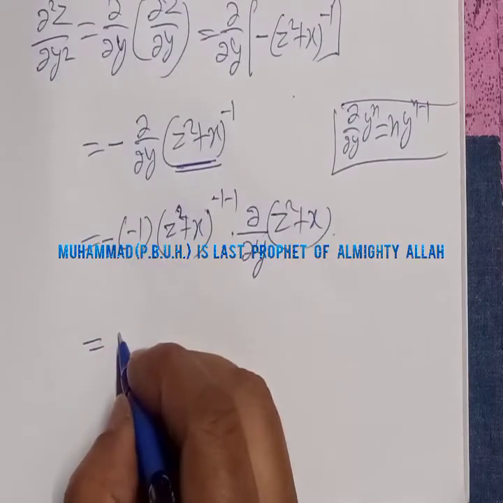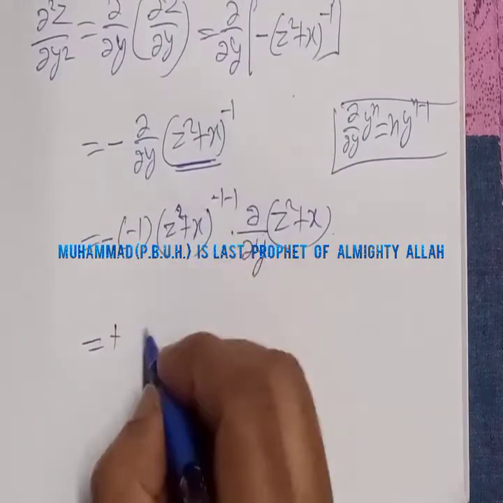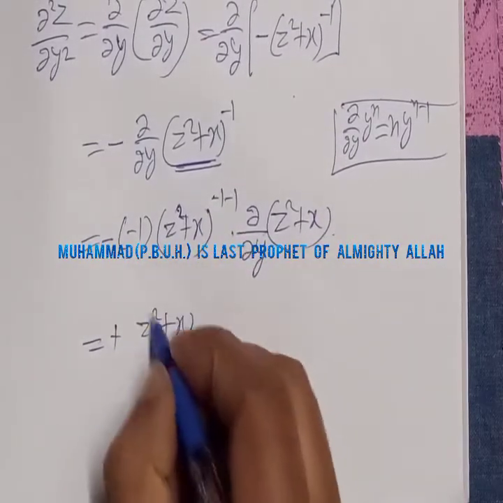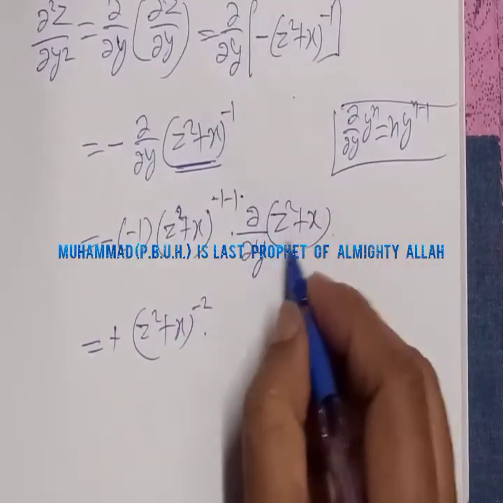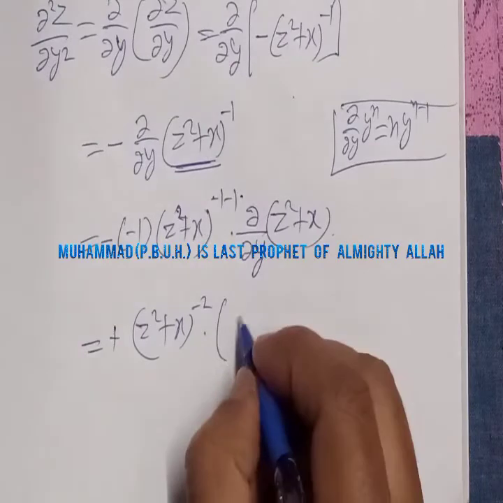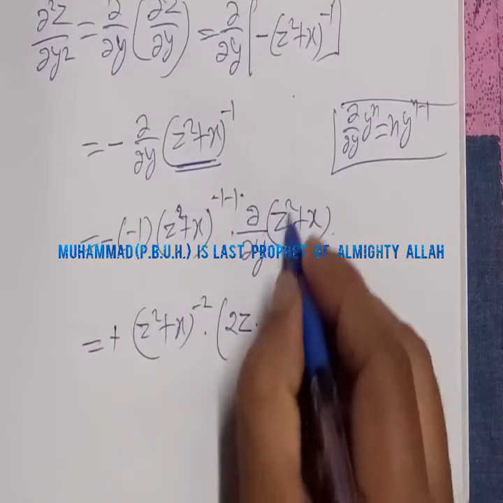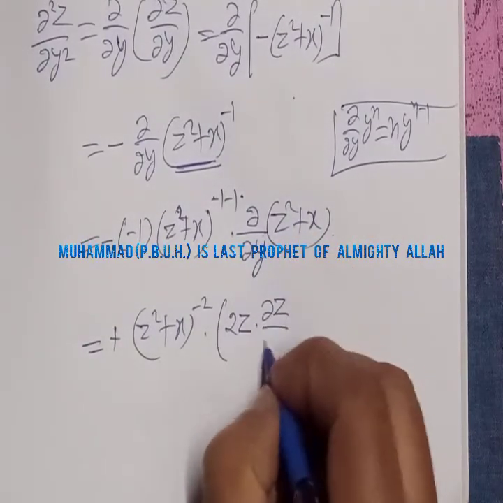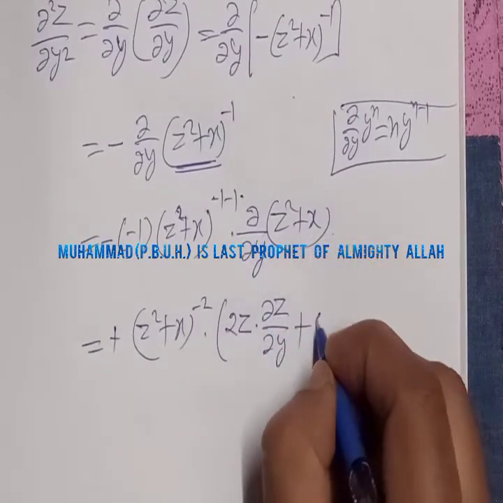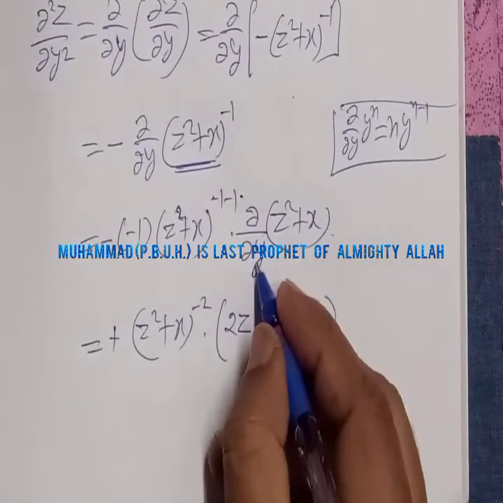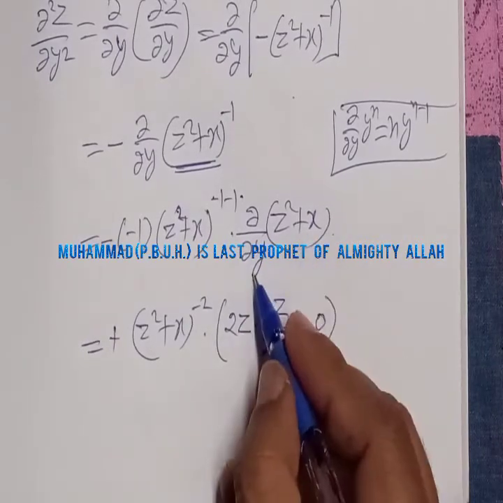Minus minus multiplies to plus, so it becomes plus, and (z² plus x) whole power becomes minus 2. Differentiating it with respect to y, we get 2z, and the differentiation of z with respect to y is ∂z/∂y, and the differentiation of x is 0 with respect to y, because for x, y is constant.